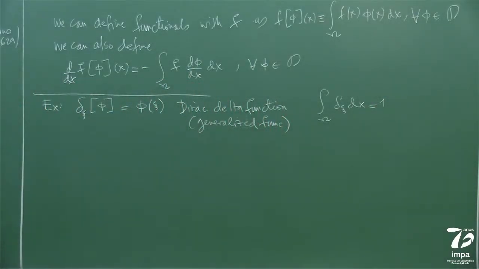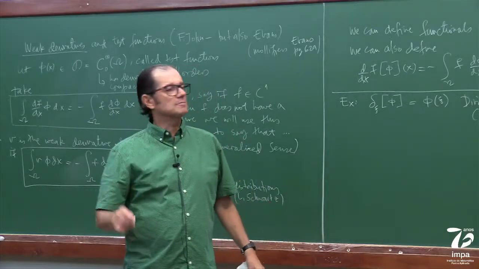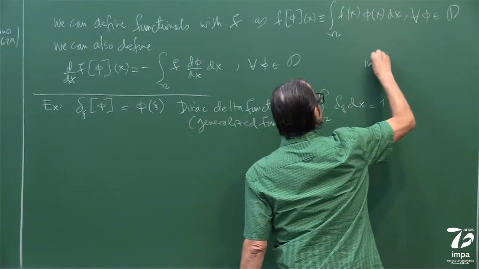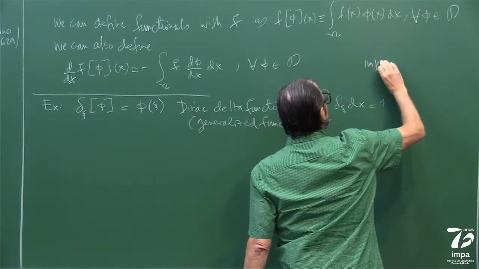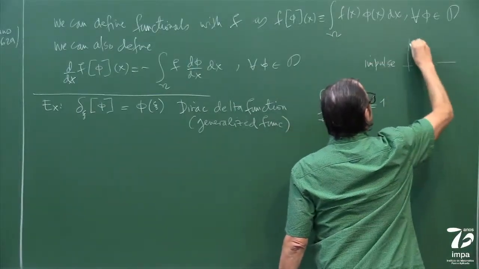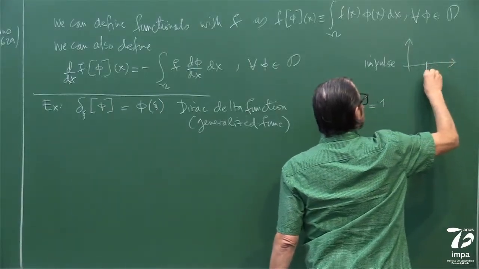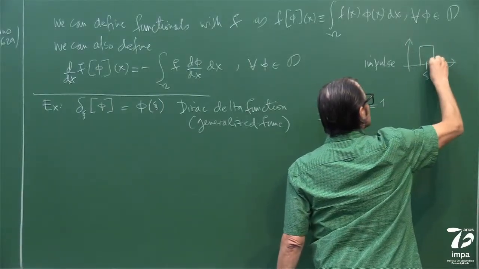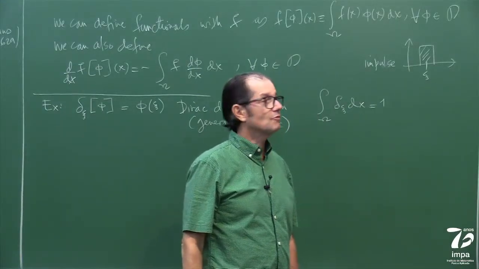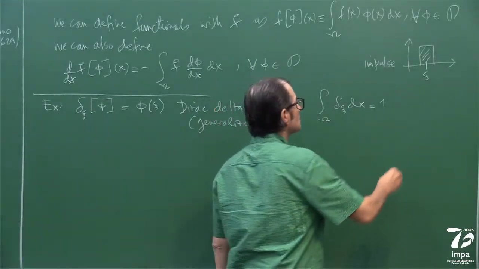So it's the impulse that we learn, even in ODE sometimes. We think of this as an impulse. If this is the point c, sometimes we see it like this, as an impulse, something over a very short time, total mass 1.